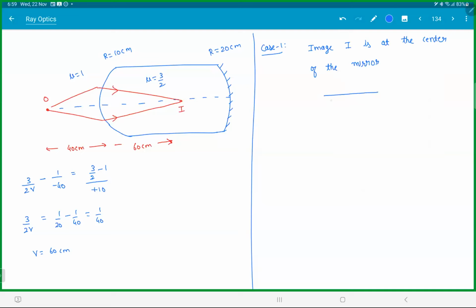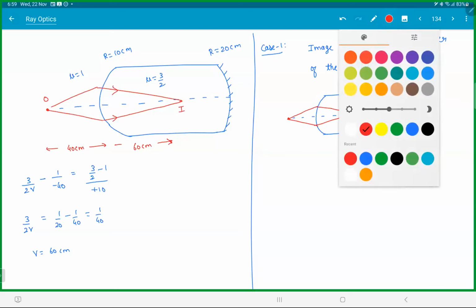In this scenario, the light rays start from here and fall on the center.